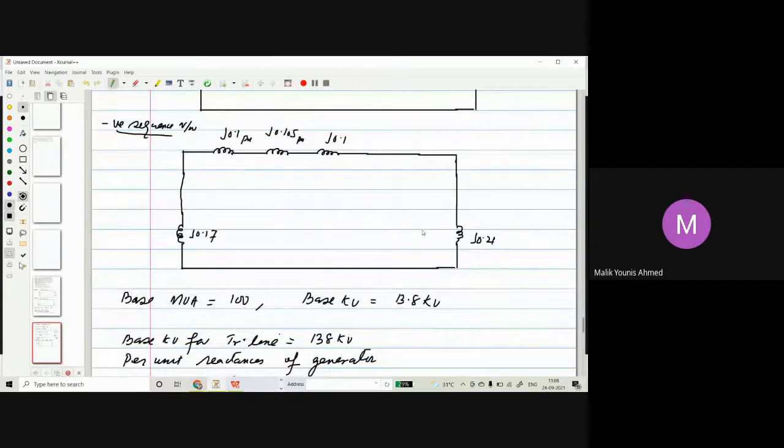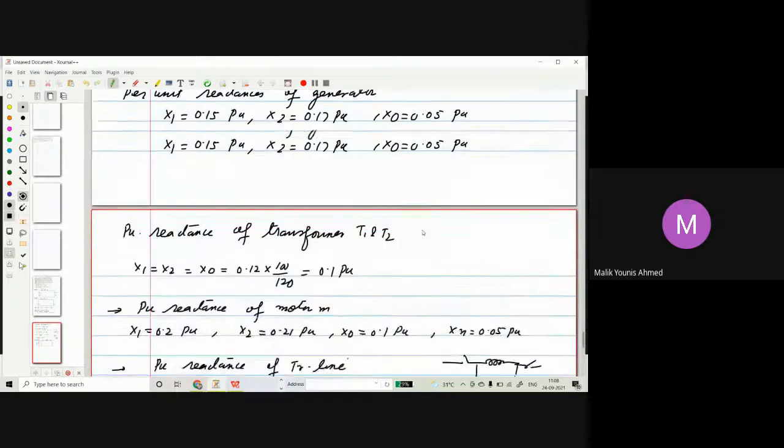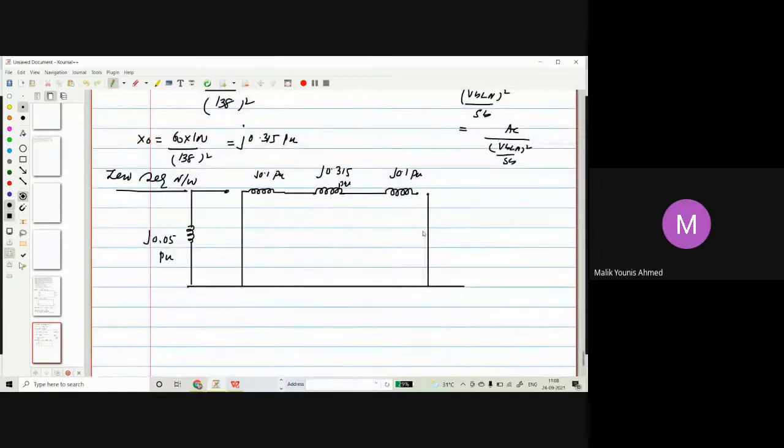So in the generator, we will have the reactance of the generator and 3xn. This is the reactance of the generator and this is the 3xn value.